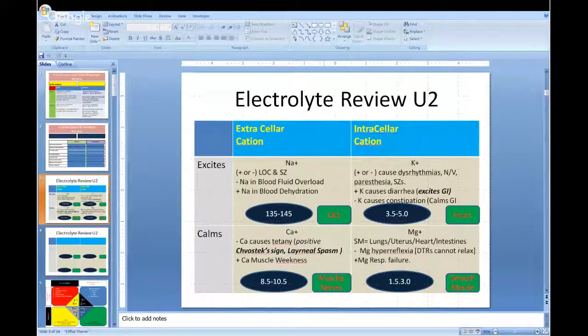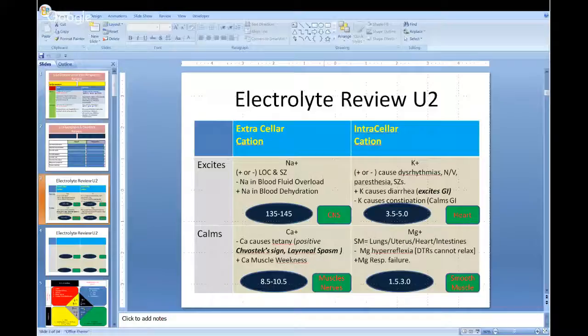So Ashley, under sodium, what's the normal range for sodium that we're looking for? 135 through 145. Excellent. And what's the major system in the body that it acts on? CNS, yep, central nervous system, brain and spinal cord. Okay, Zakia, let's do potassium. What's the normal range for potassium, and what system does it act on?